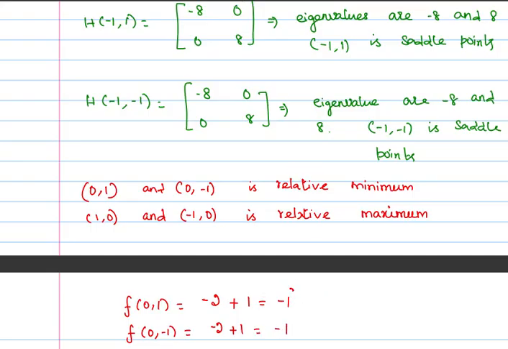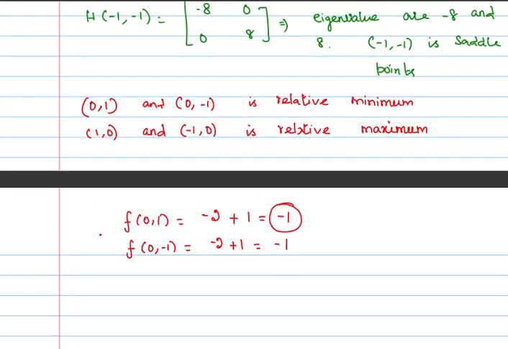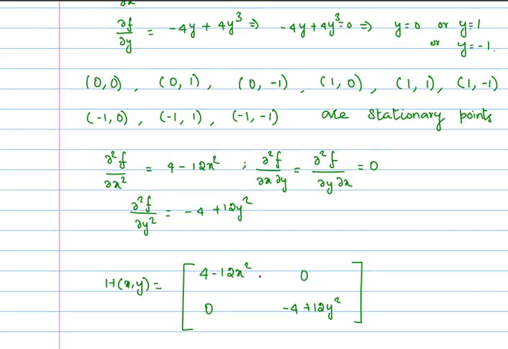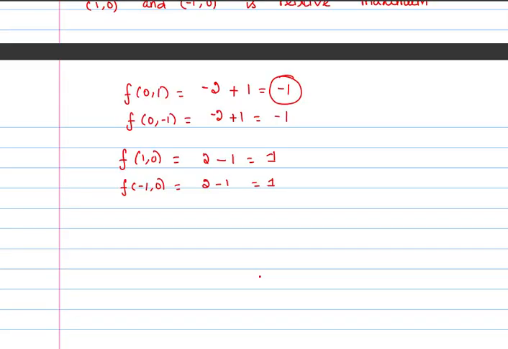So the relative minimum value is minus 1 only, and f of 1 comma 0 is 2 plus minus 1, so 1 only will get. F of minus 1 comma 0 also 2 minus 1, 1. So the relative maximum is 1 and relative minimum is minus 1.